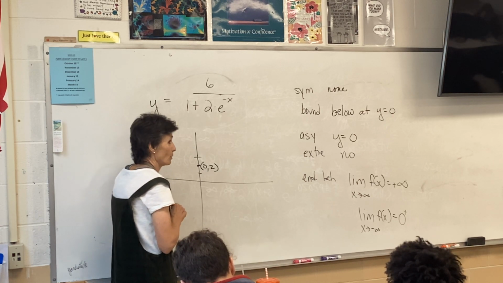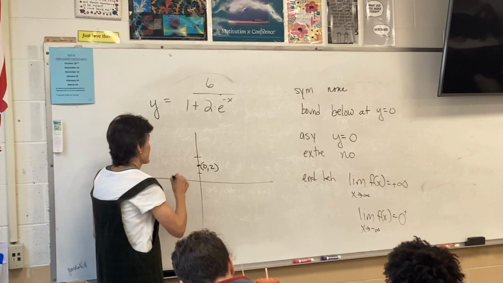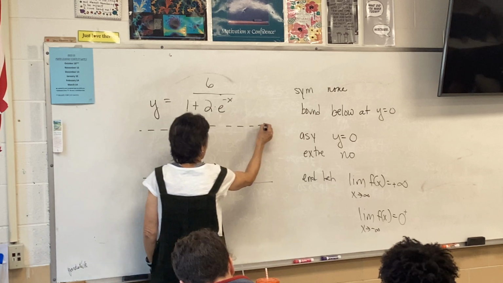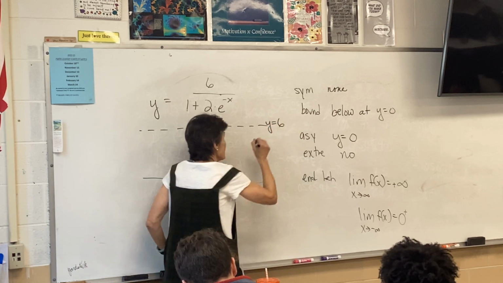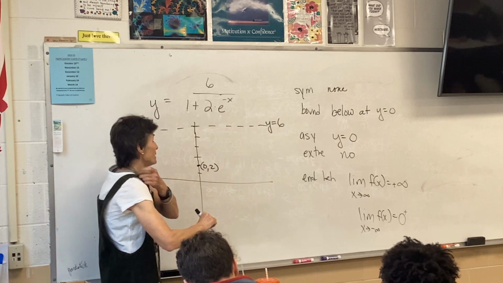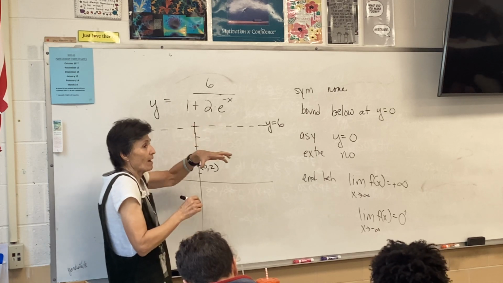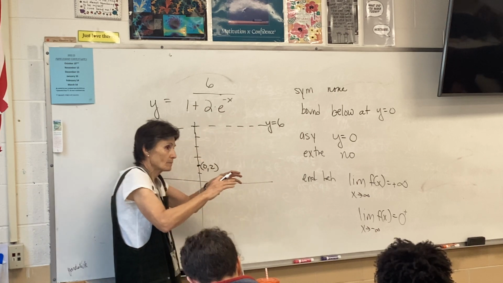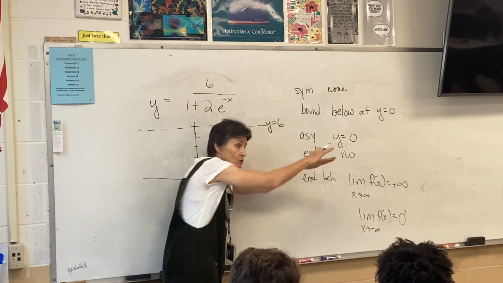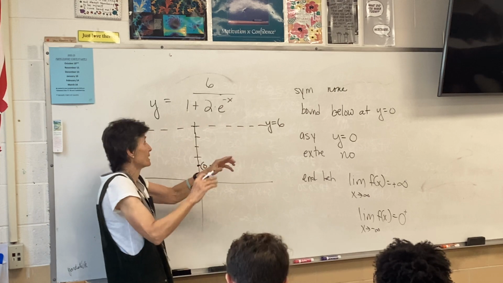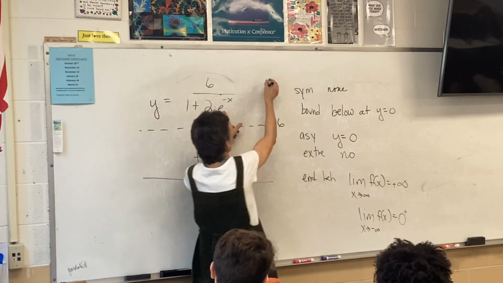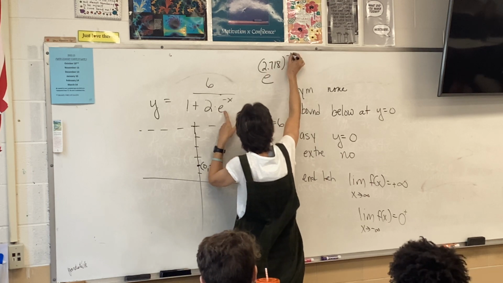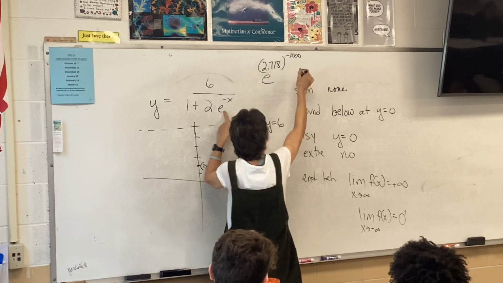What's our limit to growth? 6. Now, we talked about that the other day, but where that comes from is, I want you to think about letting x be really, really big, like 1,000,000. What happens when you raise e, which is 2.718, to the negative millionth power?